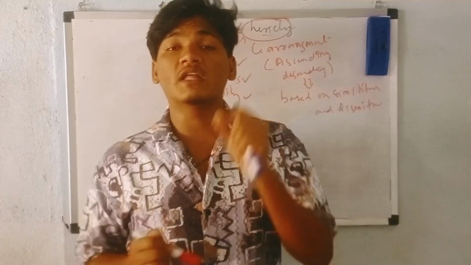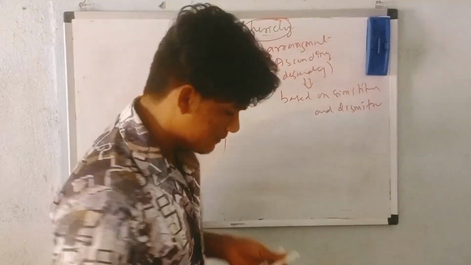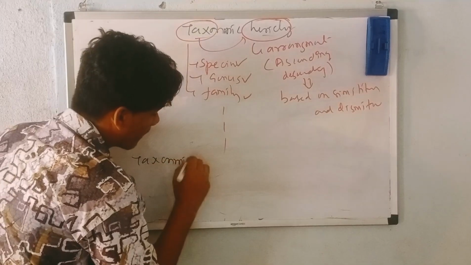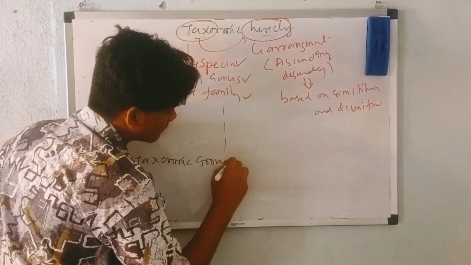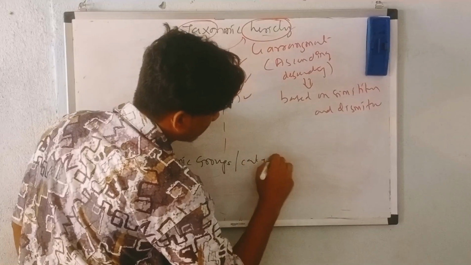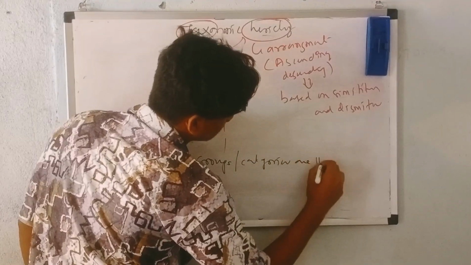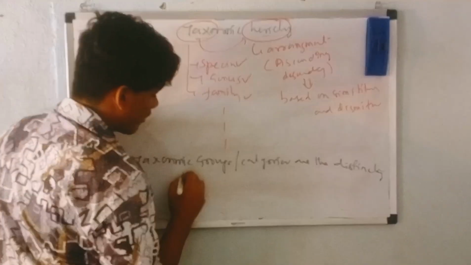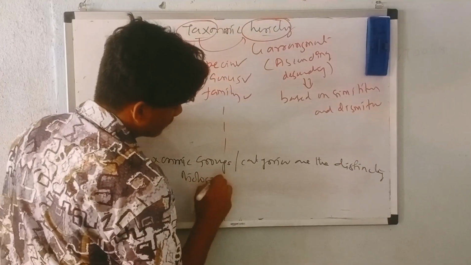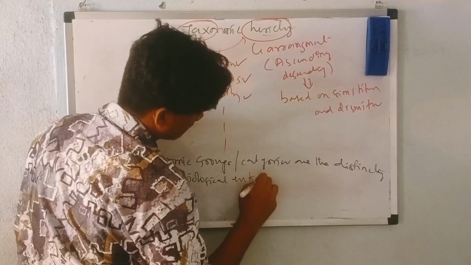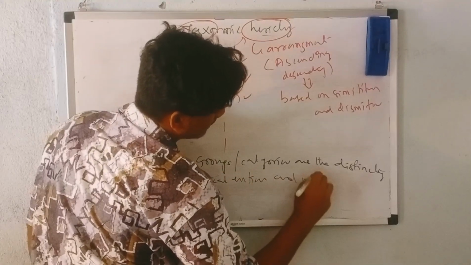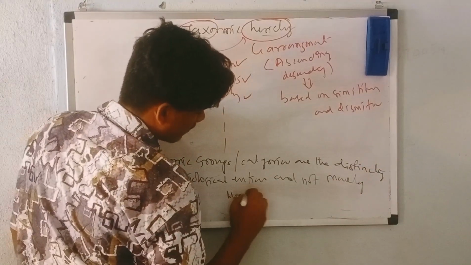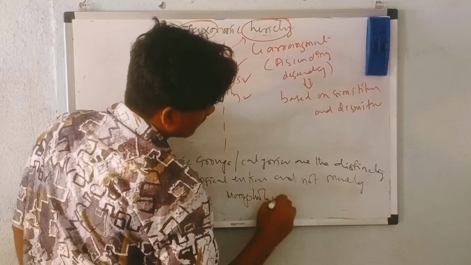One point is given in NCERT that is very important: taxonomic groups or categories are distinctly biological entities and not merely morphological entities.